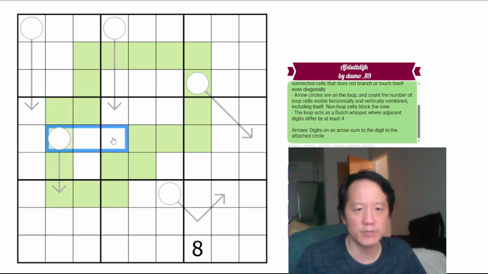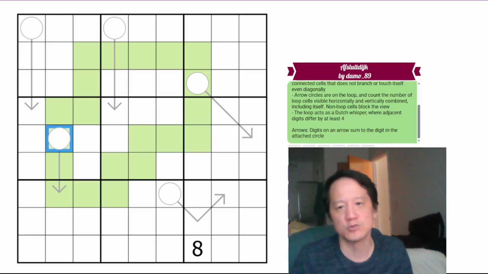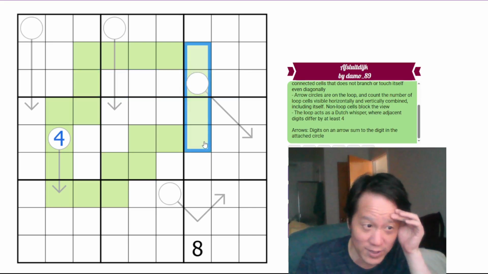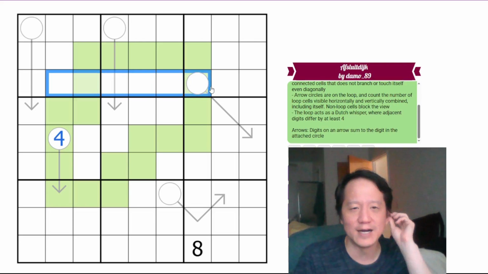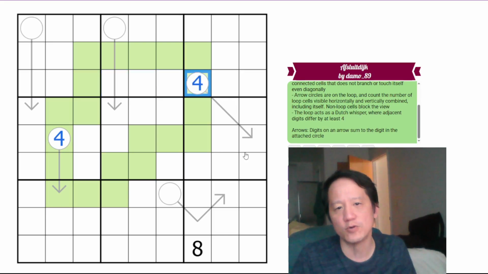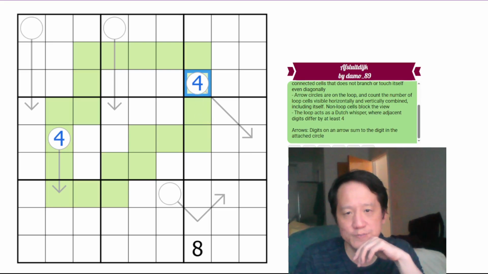It would be blocked by these two non-loop cells, and so could not see these. So this would have to be 4. Similarly, this would be 4 because it would see these cells vertically, and then it would not see this cell horizontally because it would be blocked by the non-loop cells.